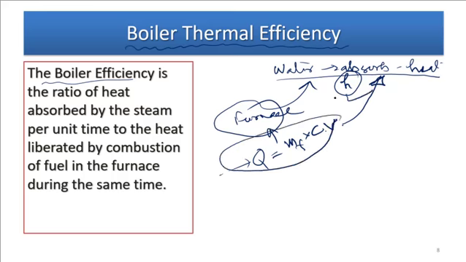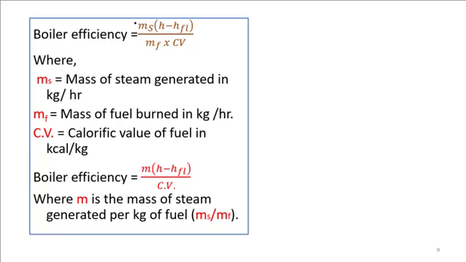So according to the definition, ms kg of steam is produced, H is the enthalpy of the steam, and HFL is the enthalpy of the feed water. So this amount of heat is added in the boiler water to form the steam, and this amount of heat is produced in the furnace, mf into CV. CV, ms, these things we have already defined.